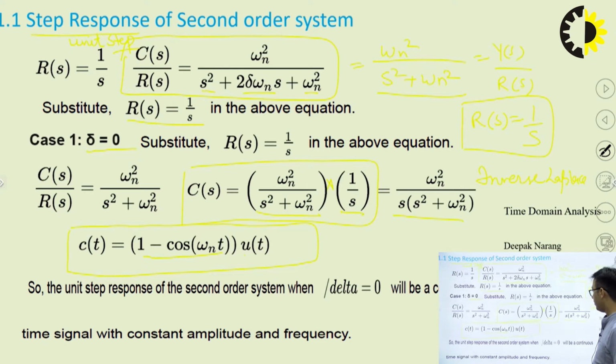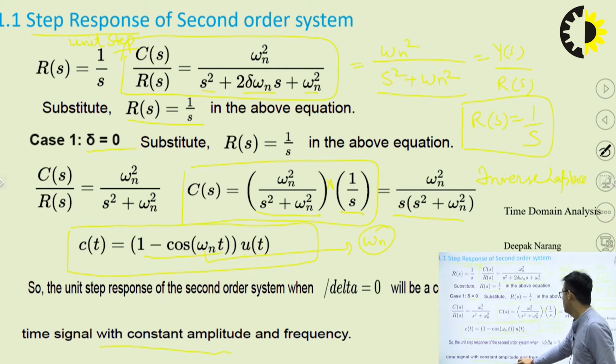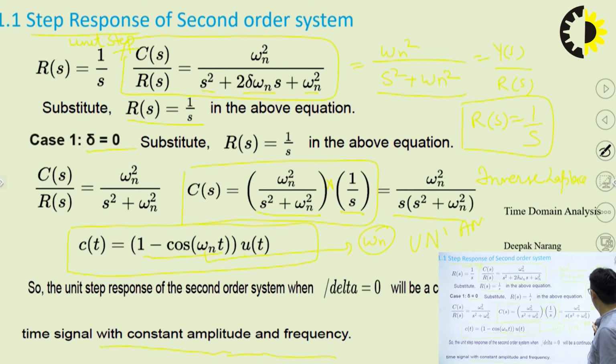So we can see here the time response is a function of this omega n, and the system shows constant oscillation of fixed amplitude and frequency. So this case is known as the undamped case.